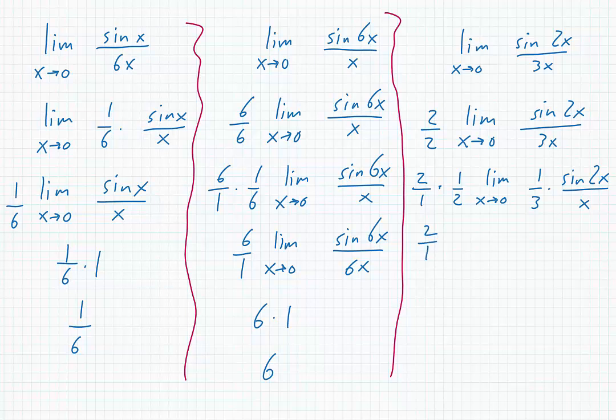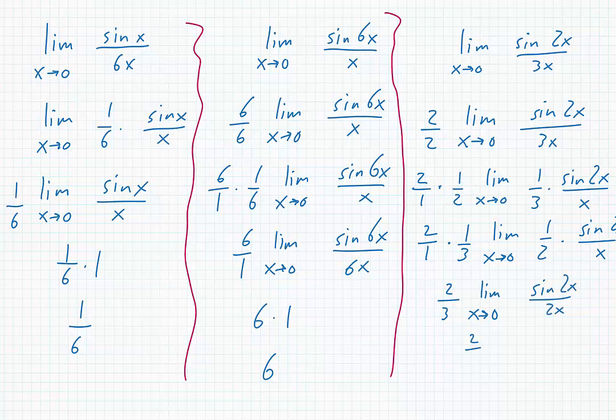So this is 2 over 1 times 1 over 3 times the limit as x approaches 0 of 1 over 2 times sine of 2x over x. And now we've got almost the limit that we want. We just need to multiply things together. So we're going to end up with 2/3 times the limit as x approaches 0 of sine of 2x over 2x.